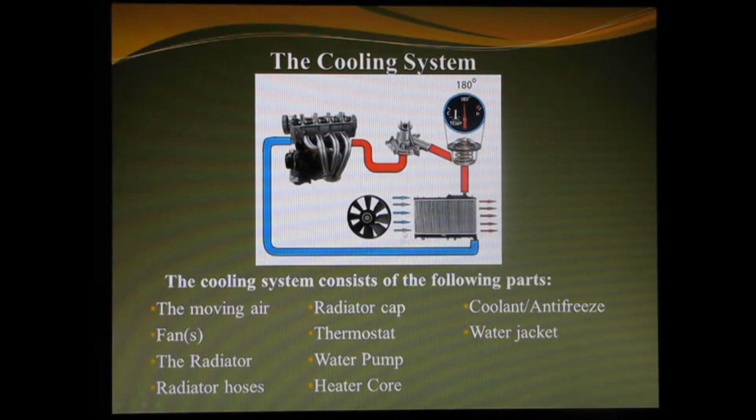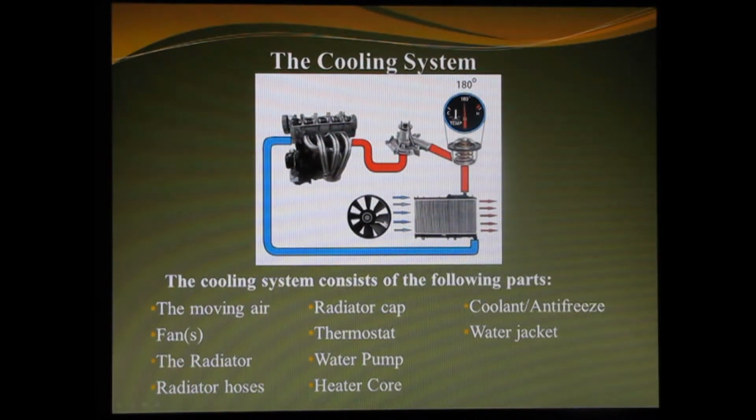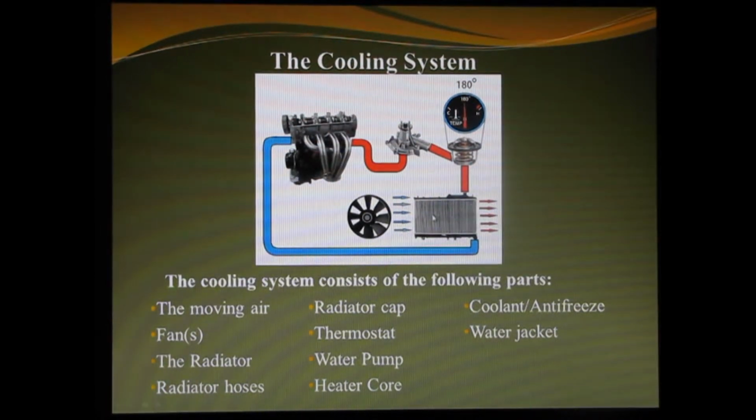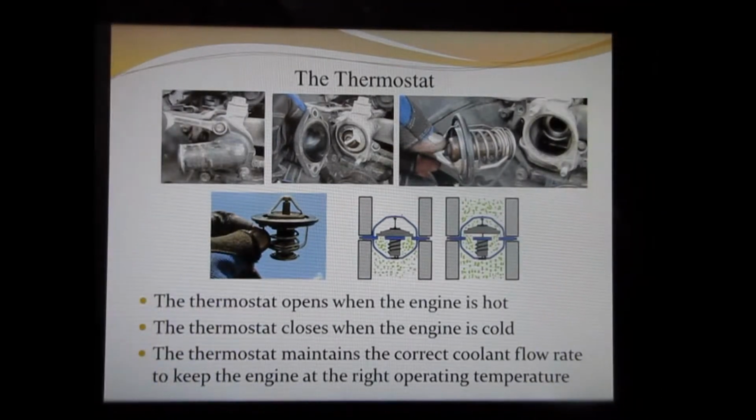Generally it consists of the air that moves over the radiator, the cooling fan, the radiator fan that actually blows air over the radiator itself, the thermostat and temperature gauge, the water pump, the water jacket that goes around the engine block, the actual coolant itself, and there's also a heater core not shown here that we'll talk about a little bit later that isn't really directly a part of the cooling system but can be used to extend the cooling system in a pinch. So first up on our list of cooling components is the thermostat.